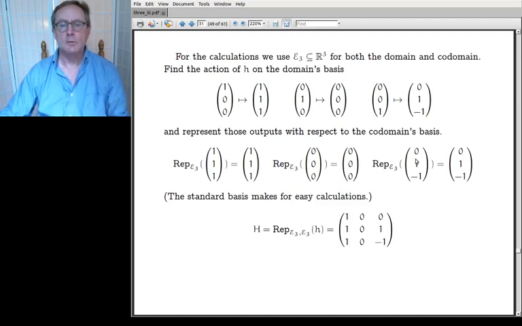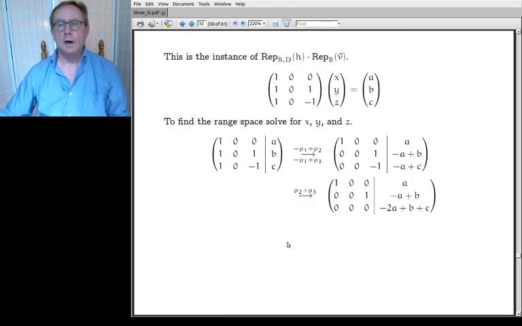It saves me a certain amount of work. And that gives me the matrix H. You just drop them down one column next to the other. So here's an example of the calculation: the representation of the vector is going to give me, of course, the representation of the application of the map to that vector.